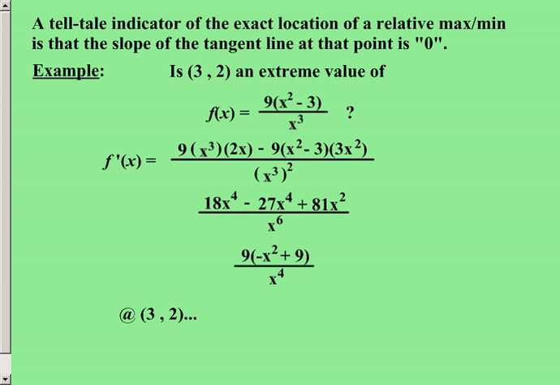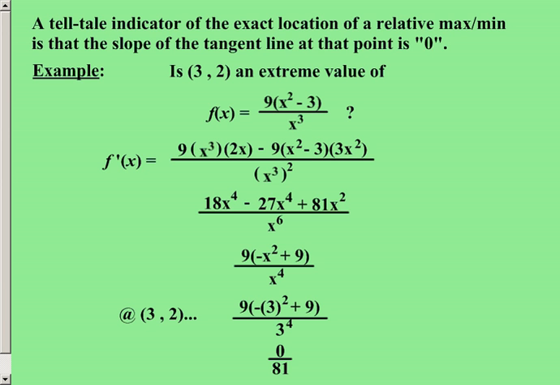So clearly we'd be taking all of the domain values out of the function and replacing them with 3. Plugging in, ultimately we end up with an expression that says 0/81.